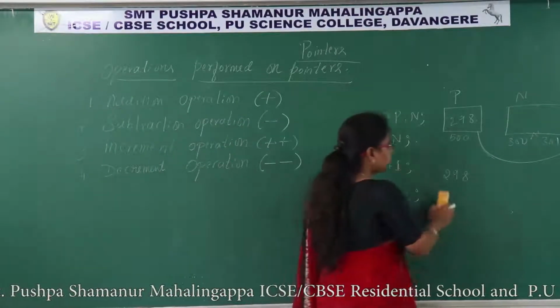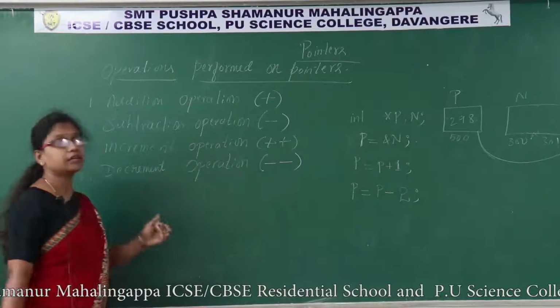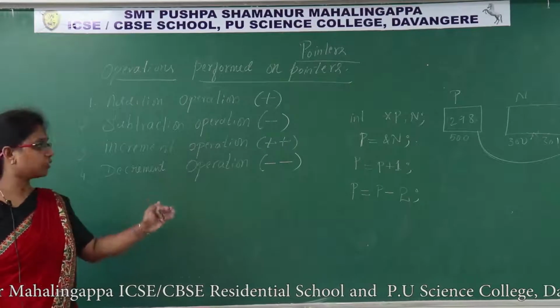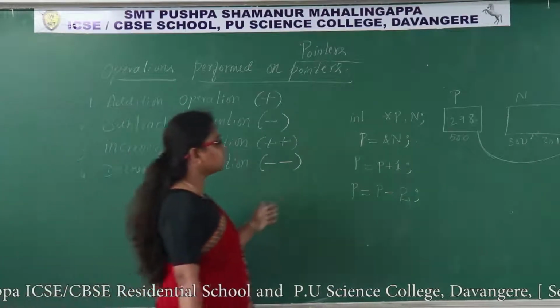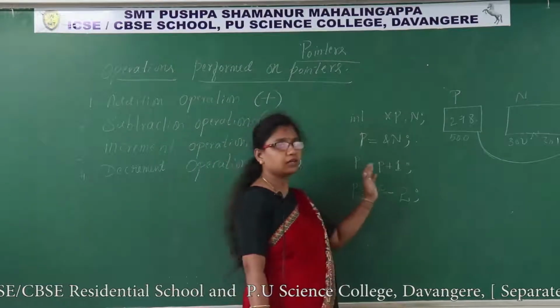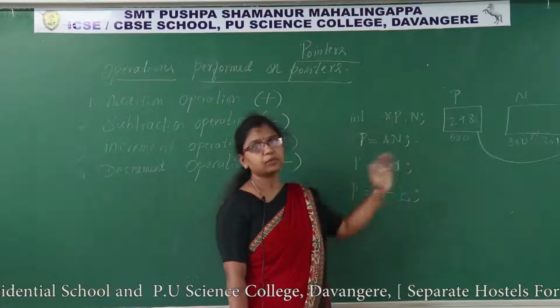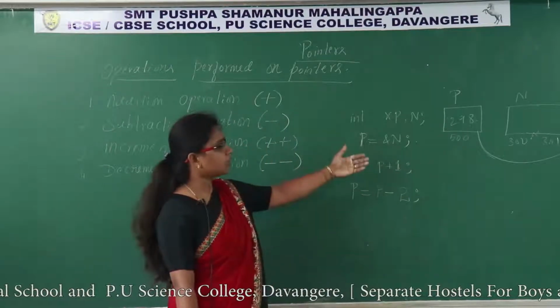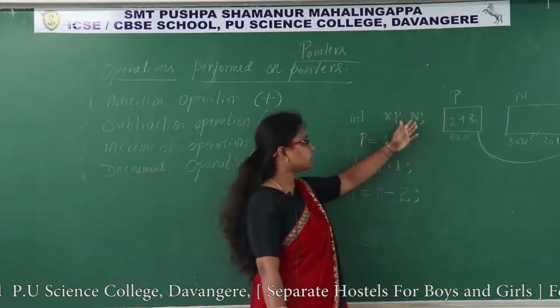So what you have to understand from these operations: when we add to a pointer, we can add only integers. When you add an integer to the pointer, not only the value changes, it is pointing to that memory location. In this example, initially I assigned the address of n.